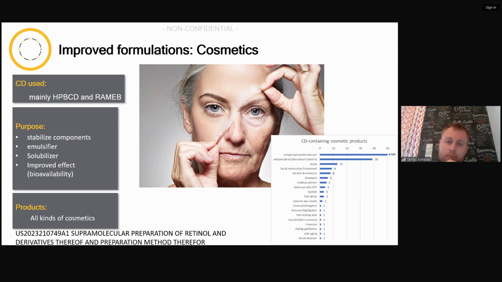Any kind of cosmetic will contain or can contain cyclodextrins, and not just small brands, really big brands, all the perfumes, the deodorants, creams, whatever. A wide majority of the biggest brands on the globe contain cyclodextrin as components in the cosmetic field.